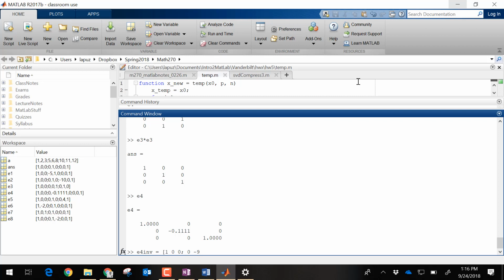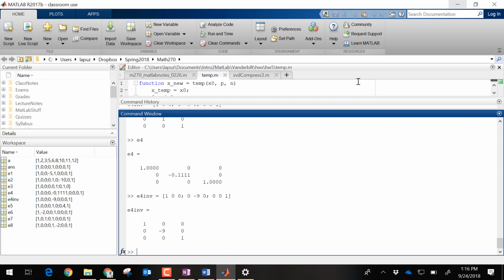-9. So we're guessing that the inverse of this type of elementary row operation would be the same type of elementary row operation, except we're going to multiply by the reciprocal. Instead of multiplying by -1/9, we're going to multiply by -9, the reciprocal.